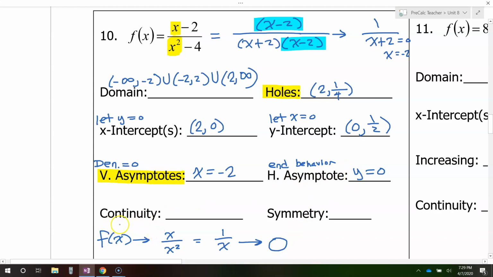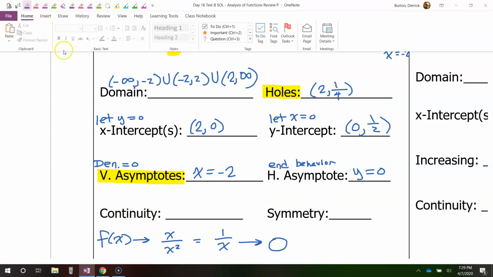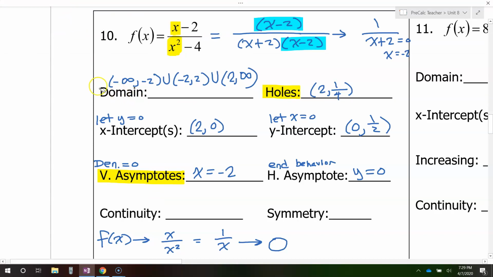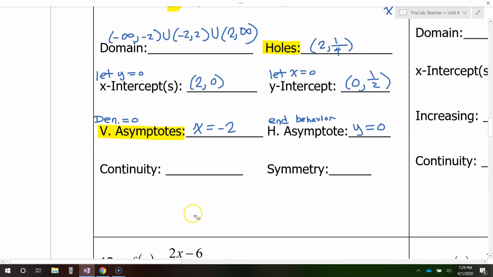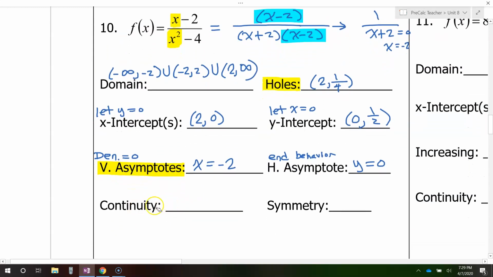Okay, let's talk about continuity. You can see by the domain that we have some discontinuity in here. A discontinuity is going to be a break in the function somewhere. So this function is definitely not continuous because we have a hole at 2 and we have an asymptote at -2.